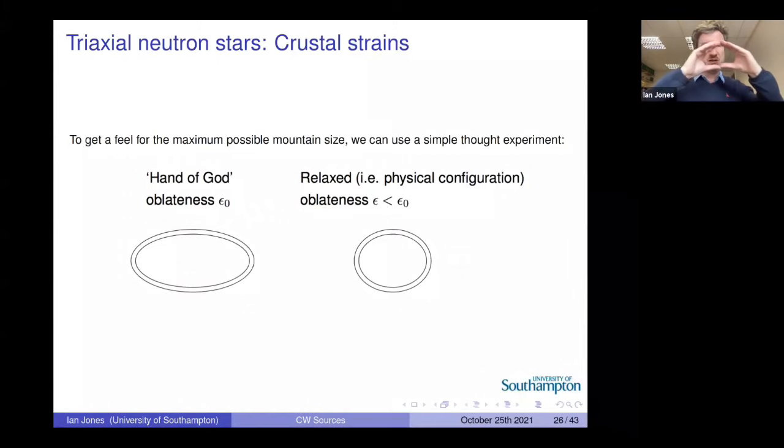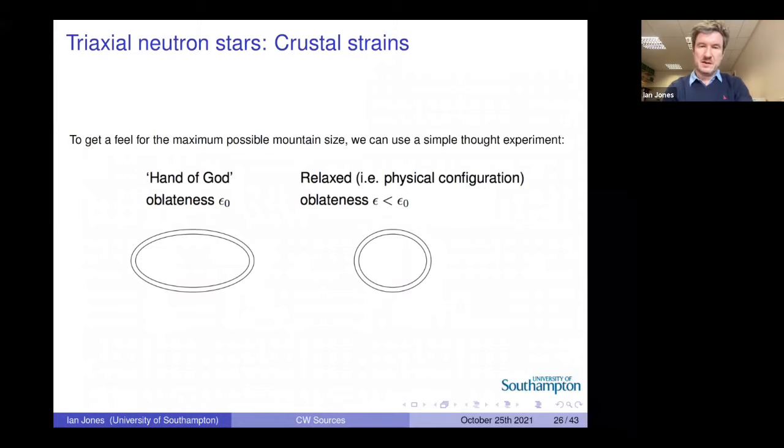As if we pushed it with our hands, maybe it's hot and molten at that point, we pull it into some highly non-spherical shape, parameterized by an oblateness epsilon naught, and then maybe let it cool and the crust solidify. So the crust wants to have that shape, epsilon naught.